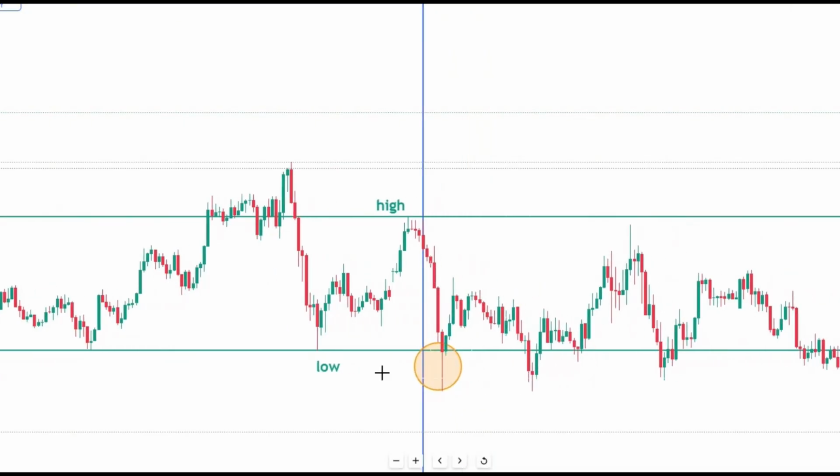So we took out the low, and then we came back into it. Once you take out the low, you can literally wait for price to come back into that area, right? And you take your setup into that area, stop loss below, and you aim for your 1, 2, 3.